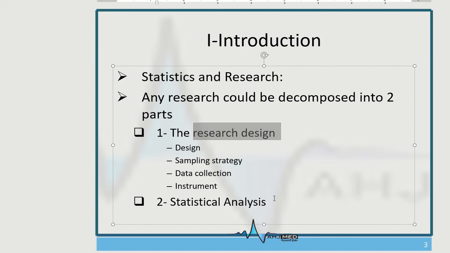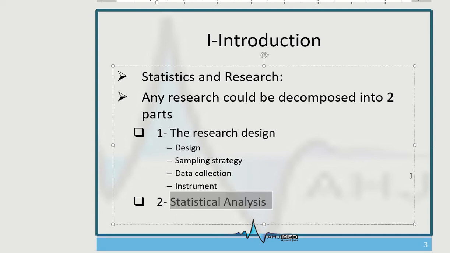But once the research starts to be implemented and you start collecting data, the information that you collected needs to be analyzed. And that's where statistics comes into play. Statistics is a big part of research, and it is a tool that allows you to understand the information collected.